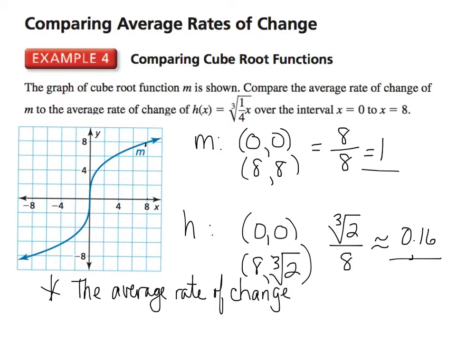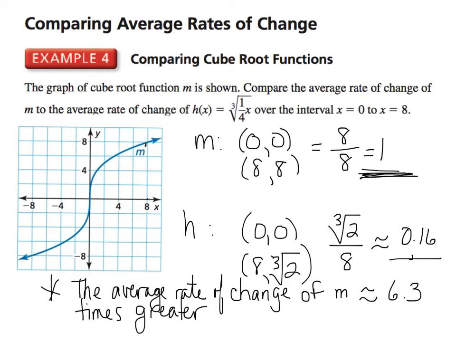If you divided, you obviously see that this one's bigger. So you can take 1 divided by it and see that the average rate of change of m is approximately 6.3 times greater than the average rate of change of h. That would be your comparison.